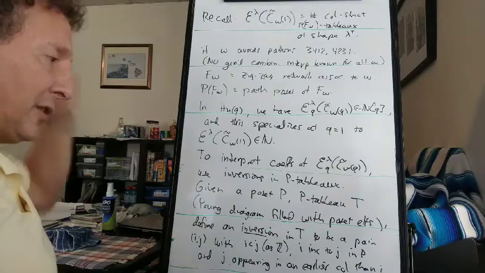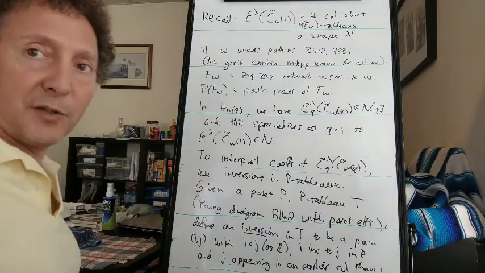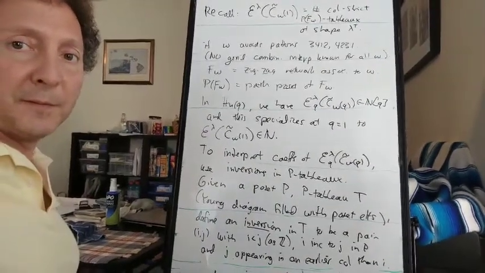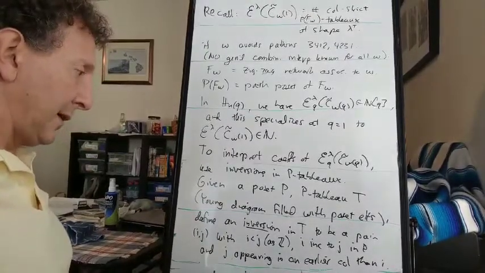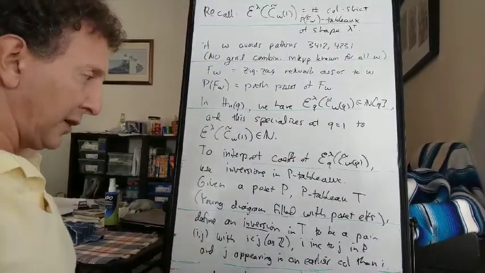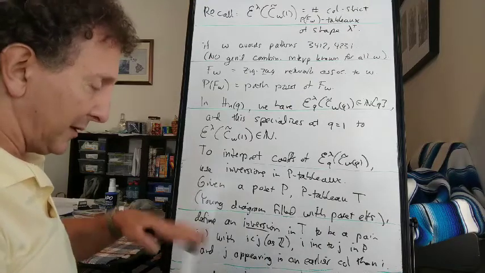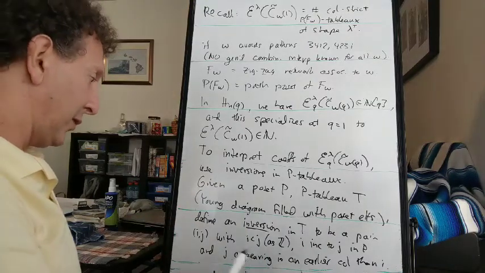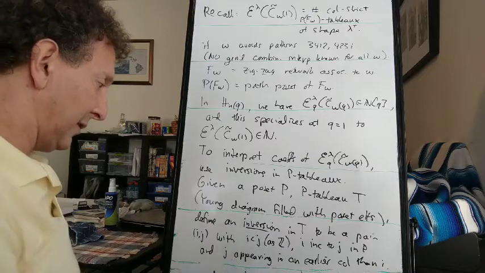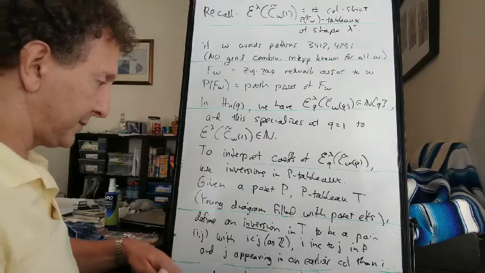So a little bit like an inversion in a permutation, except that as poset elements, these have to be incomparable. They don't have to be in the same row either. Just the greater index has to appear in an earlier column.